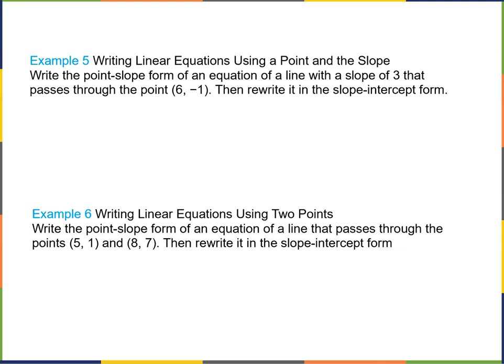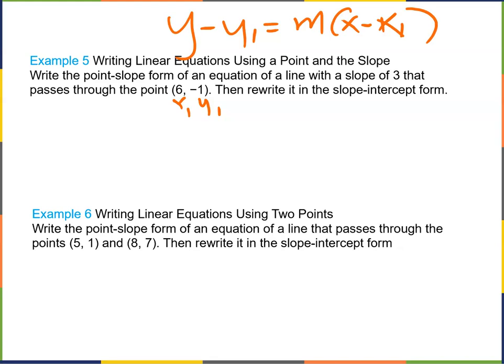So remember again the point slope form: y minus y1 is equal to m times x minus x1. So let's say this is your x1, y1, and you have the slope of 3 here, meaning m is equal to 3.